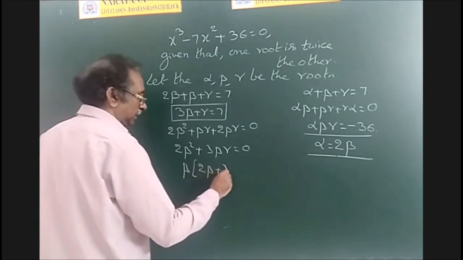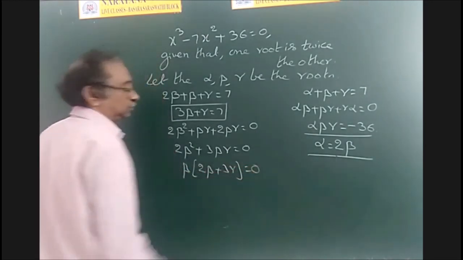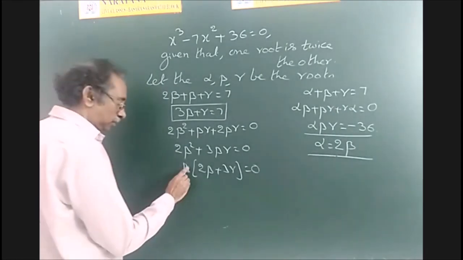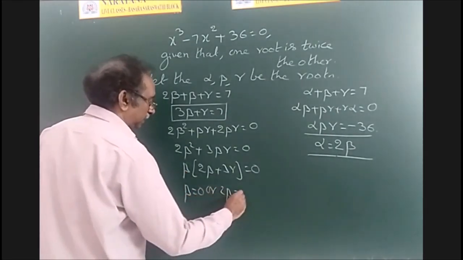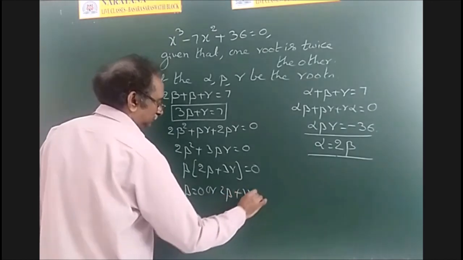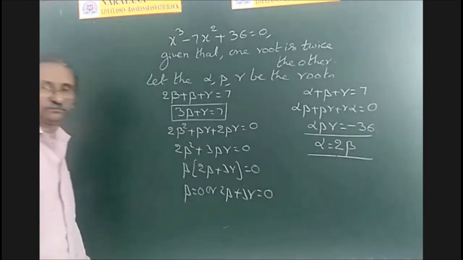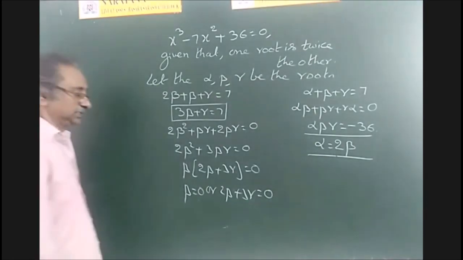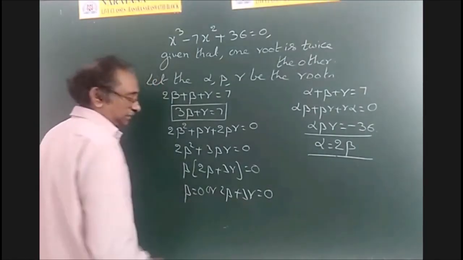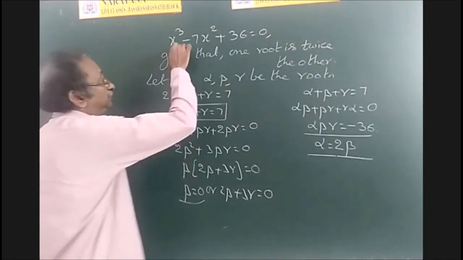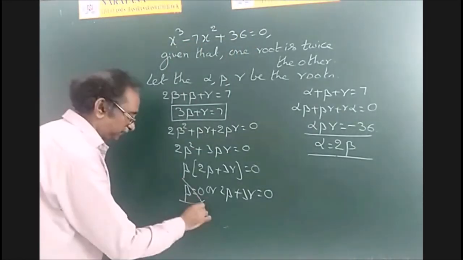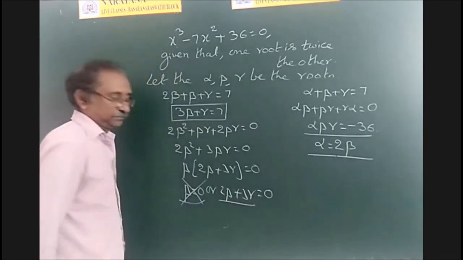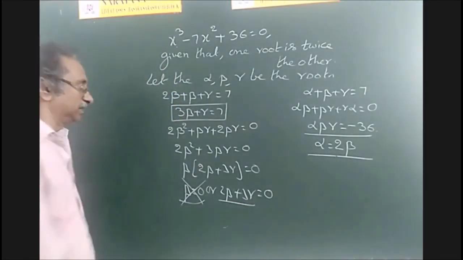So beta times 2 beta plus 3 gamma is equal to 0. Therefore, either beta is equal to 0 or 2 beta plus 3 gamma is equal to 0, because the product is 0. Beta is a root. If you substitute 0, you can understand that 0 is not a root. Therefore, this is the only possibility: 2 beta plus 3 gamma is equal to 0.